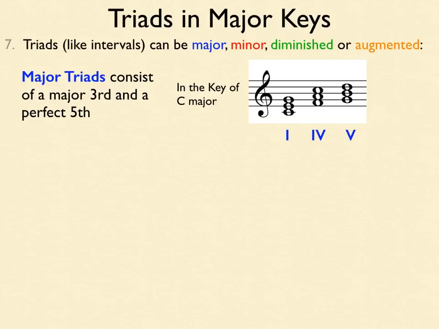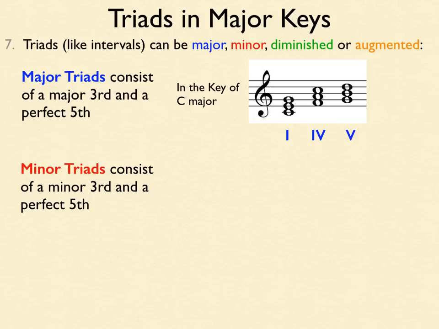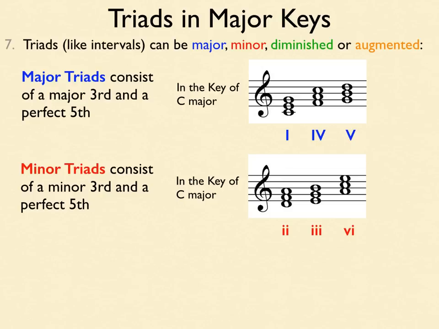In all major keys, the minor triads consist of a minor third and a perfect fifth, and they're going to be your triads on the supertonic, the mediant, and the submediant, or triads 2, 3, and 6. In the key of C major, I've written them out for you.